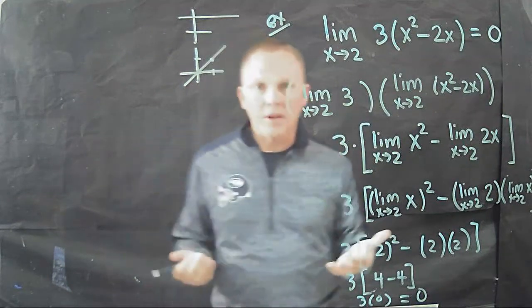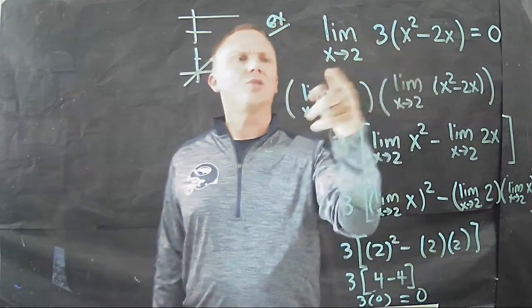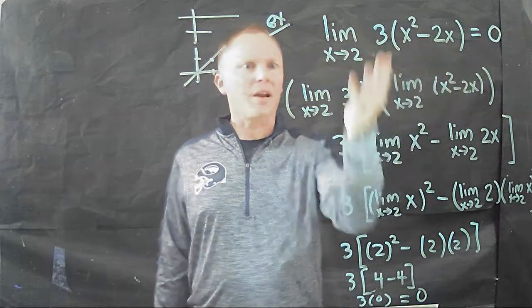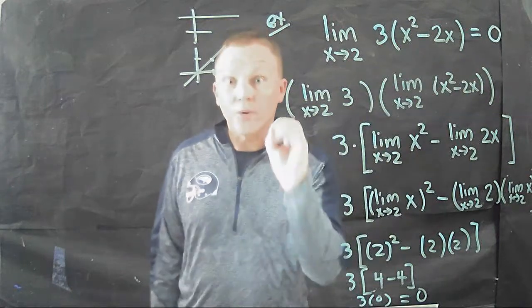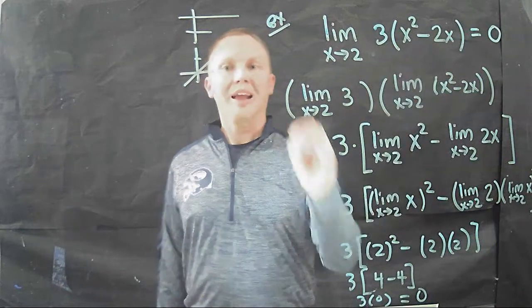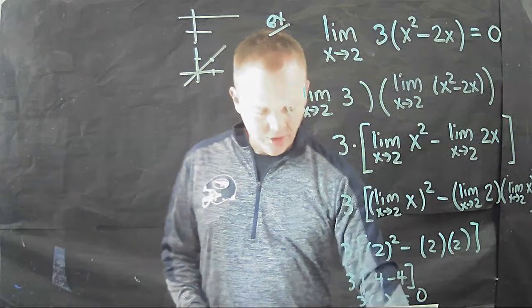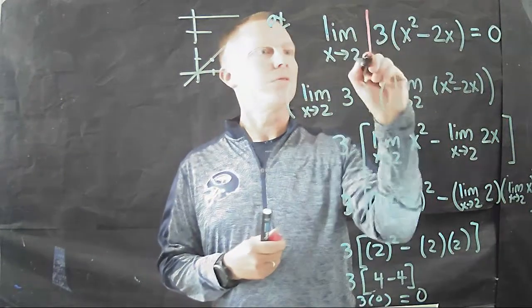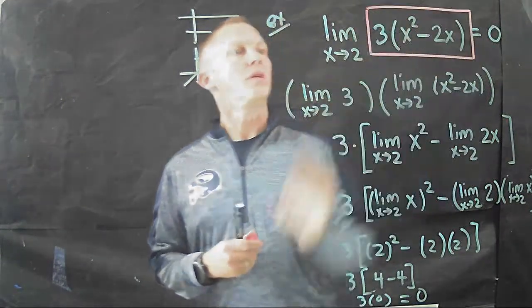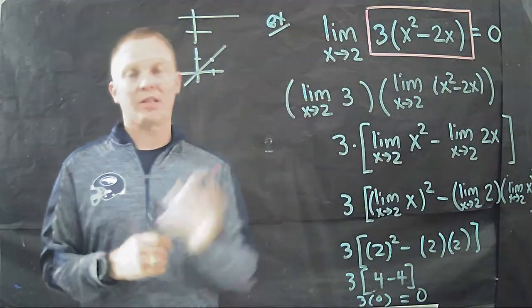Now, some of you are looking at this and saying, this is stupid. Like, I could have just plugged 2 in there and gotten 0. Why did I have to go through all that process? And you are exactly right. You could have plugged in 2 there because that function is continuous at x equals 2.